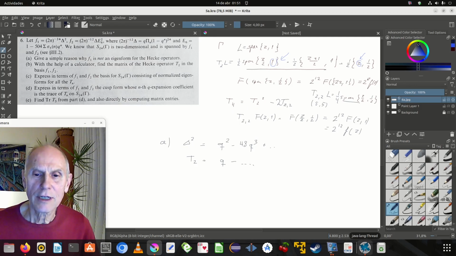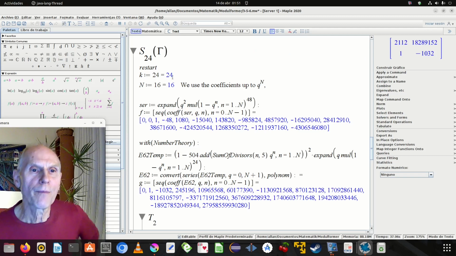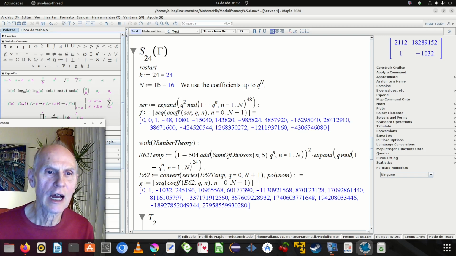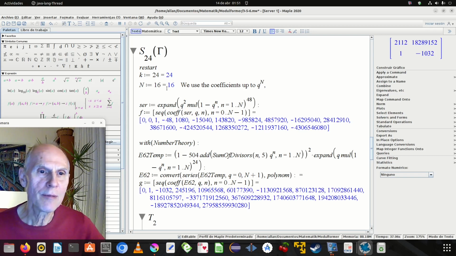Well, so that's a little detail. Now, we set the weight to 24 and use 16 coefficients. I expect them to be rather large, so let's not make too many, but neither too few.